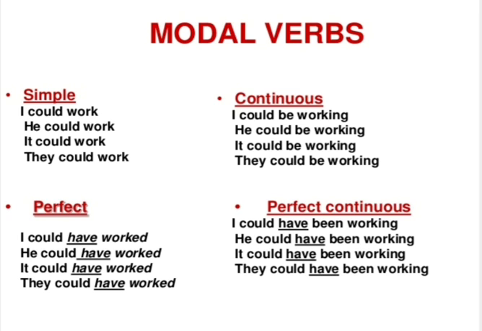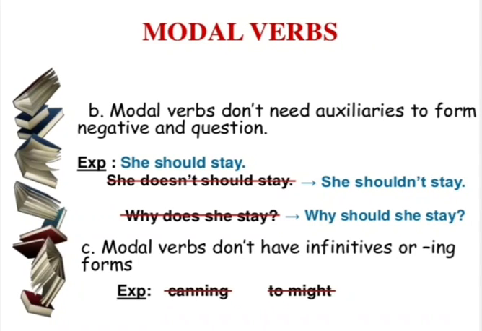Perfect form we can use I could have worked, he could have worked, it could have worked, they could have worked. And perfect continuous can also be used: I could have been working, he could have been working, it could have been working, they could have been working.